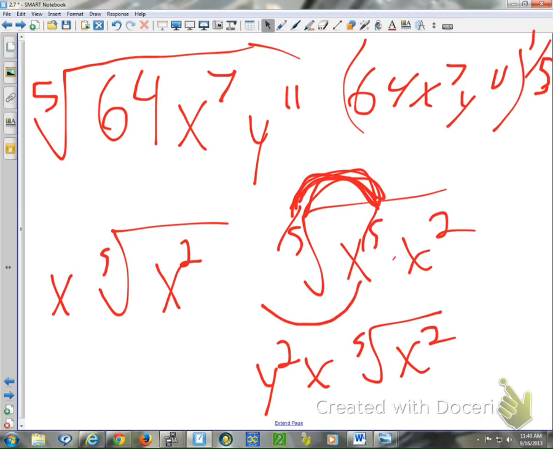We took 11 times 1/5, got 2.2. The number in front of the decimal is going to be your exponent on the outside. Now, look at it like this. You took out 2 groups of 5. What are 2 groups of 5? 10. Exactly. We took out 10 y's of the 11 that we had. How many are left? 1. There you go. So there's 1 y left.